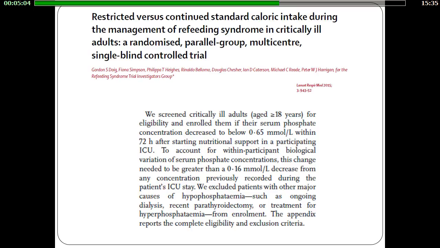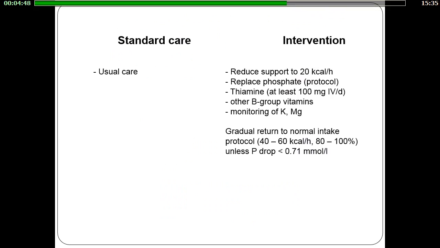In a recent Australian trial, Gordon Doig and his group showed that in patients who experienced a low or decreased phosphorus during the first days after initiation of artificial nutrition, they divided the group into either usual care or intervention.